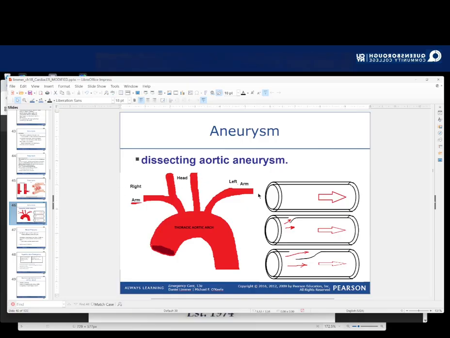I'm going to leave that as an exercise, a thought experiment for the A students of this class. Those of you who are trying to get an A, you come back to me and let me know. What would you expect the blood pressures to read if the patient has a dissecting aneurysm right here?